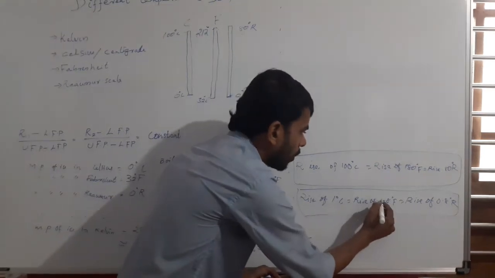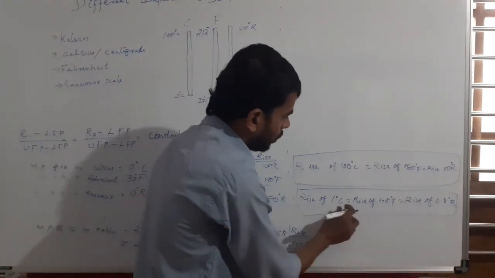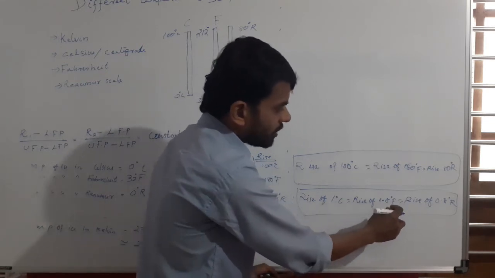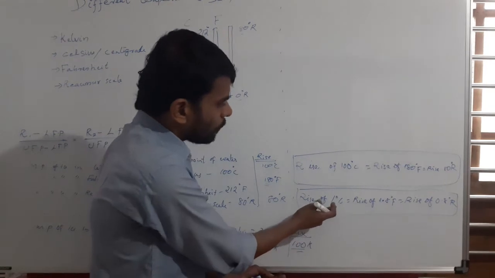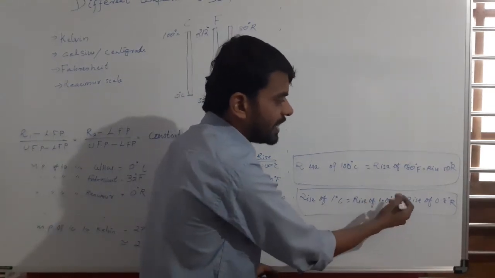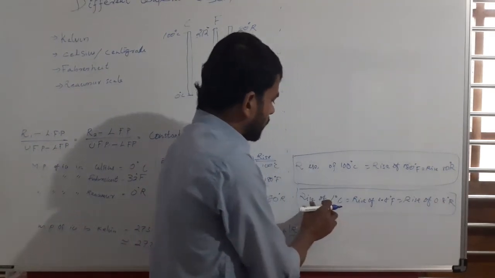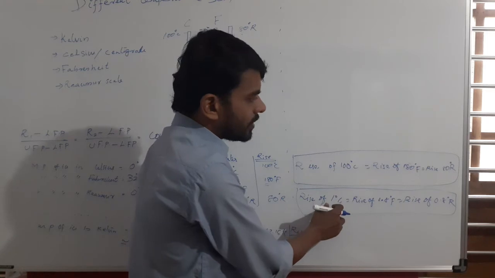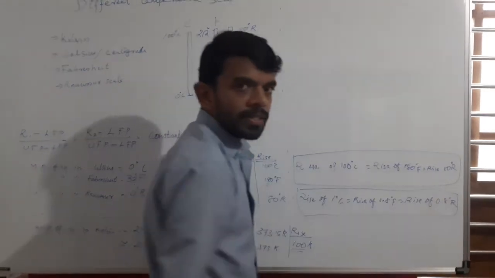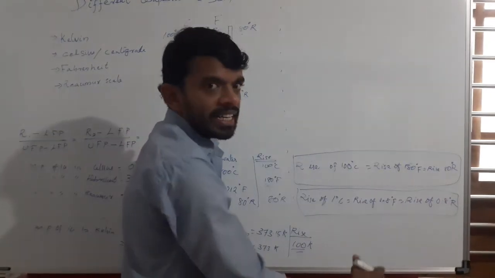So if you are asked to find the rise of 10 degree Celsius in Fahrenheit, what do you have to do? You have to multiply by 10. 1.8 into 10 is 18. So a rise of 10 degree Celsius is equivalent to a rise of 18 degree Fahrenheit. What about here? If the rise in degree Celsius is 10, then the rise in Romer scale is 8 degree Romer.